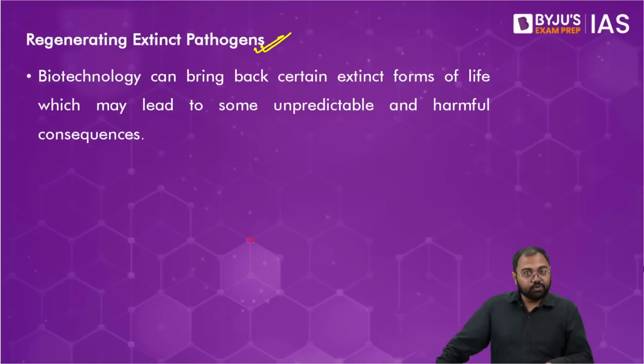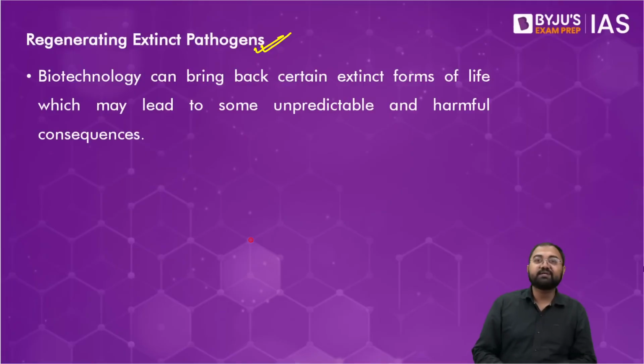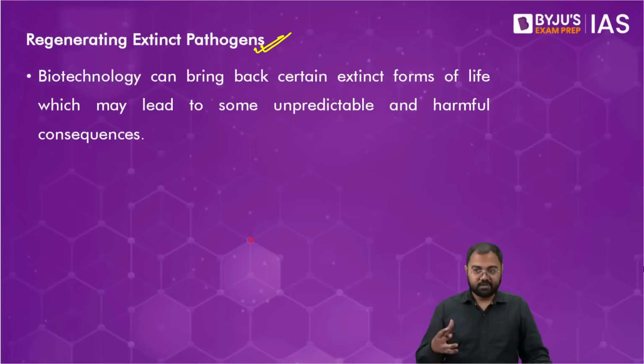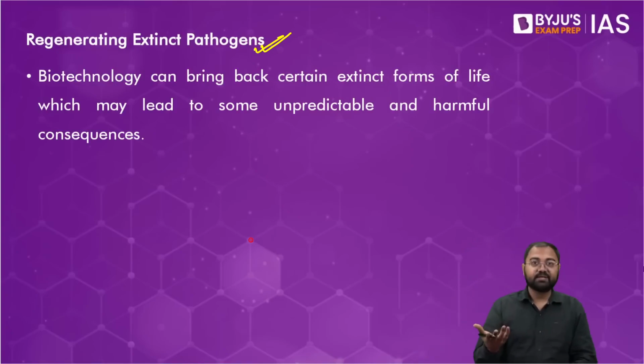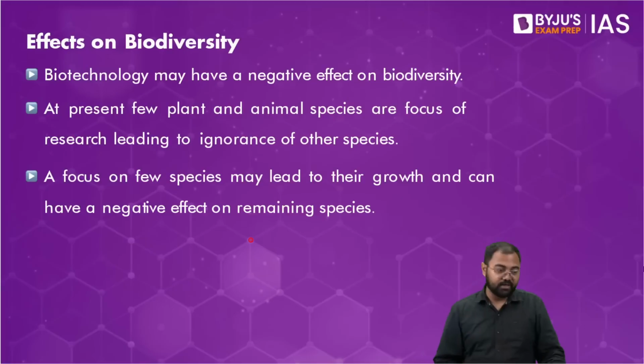So we know the pox virus, and we know the structure of the smallpox virus. What if in the lab tomorrow somebody develops it and unleashes it on the population? Today's generation has not been vaccinated against smallpox. So if somebody actually does it, it can become an epidemic or even a pandemic for the world today. So it's all possible, and it can be a very dangerous scenario.